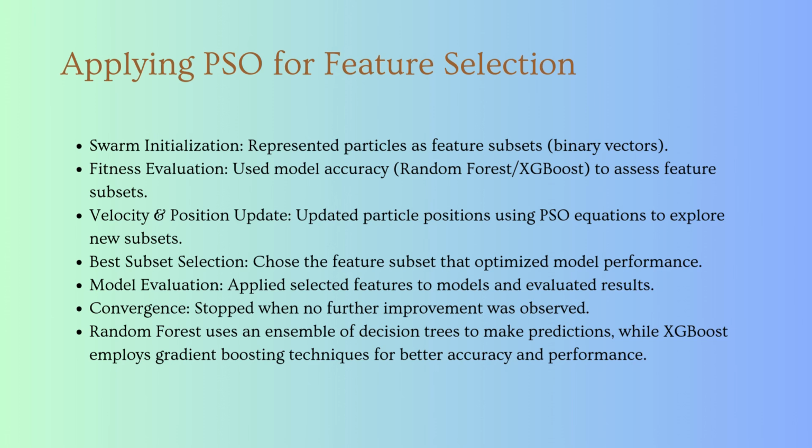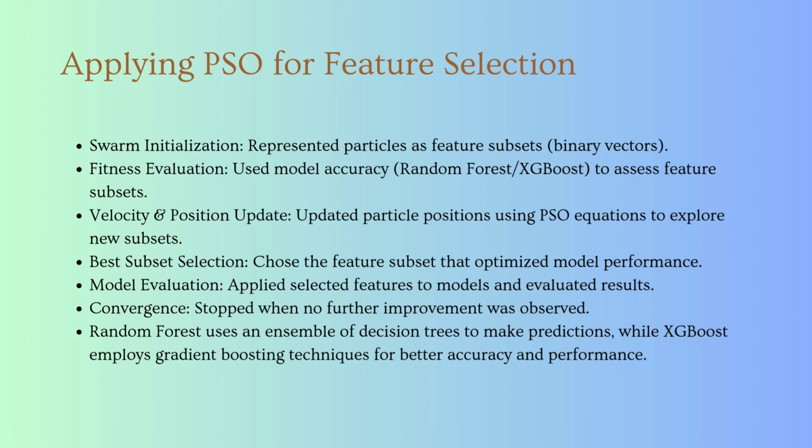The other important step is velocity and position updates. Using the PSO velocity and position update equations, each particle adjusts its position based on its own experiences and the experiences of the swarm. This allows the particles to explore new subsets of features while converging towards the optimal feature subset.